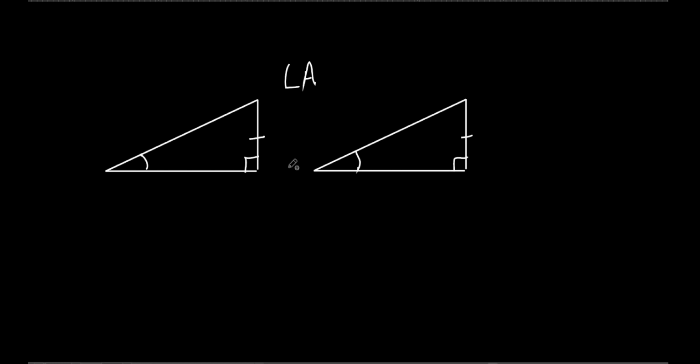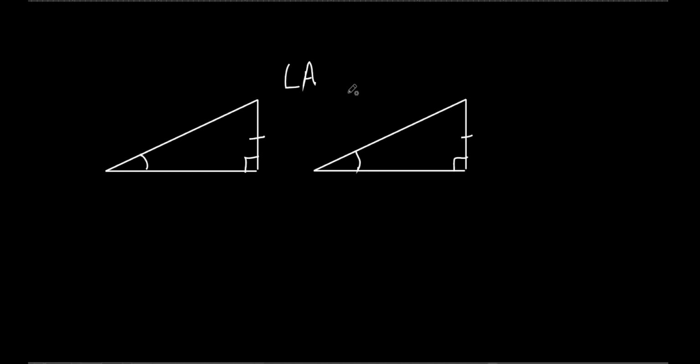But back in the old days, like 2 days ago, what reason could we have used to say that these triangles were congruent to each other? Angle, angle, side. Like 2 or 3 days ago, whenever we did that, I forget when, but we could have said angle, angle, side. Agreed? But now that we know it's a right triangle, we could just call it leg angle.